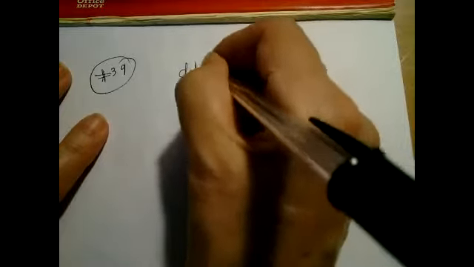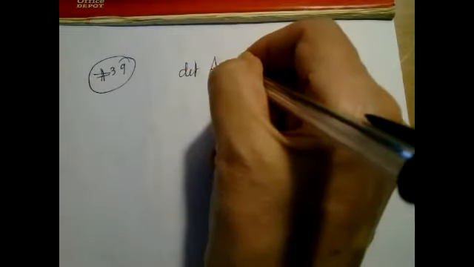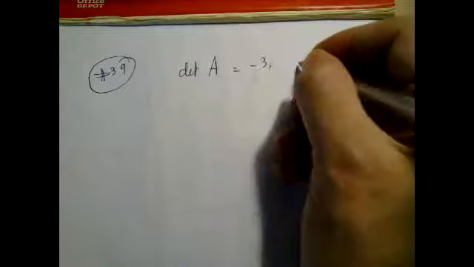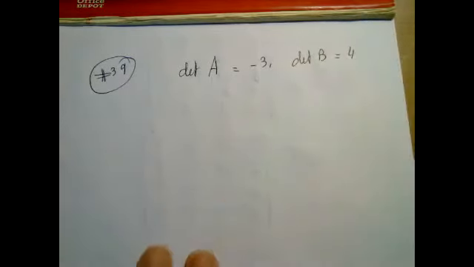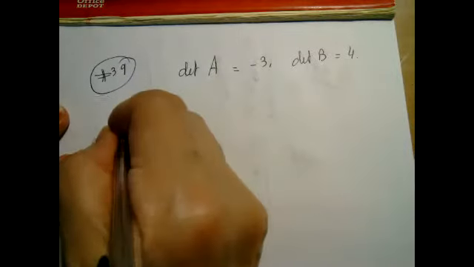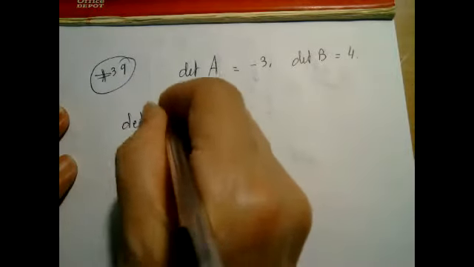And here I have two matrices, A and B. The determinant of A is minus 3, and the determinant of B is a 4. And the question is, find the following.